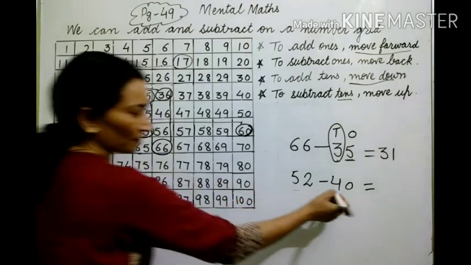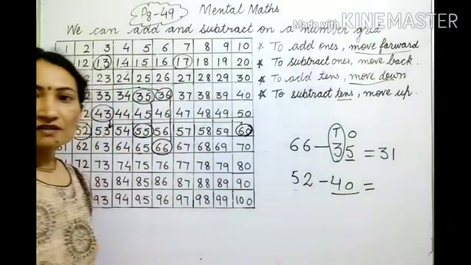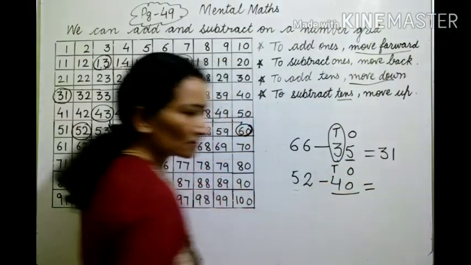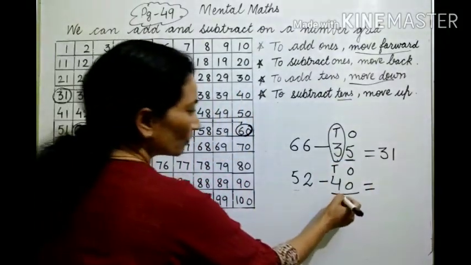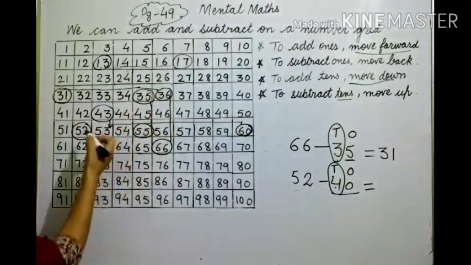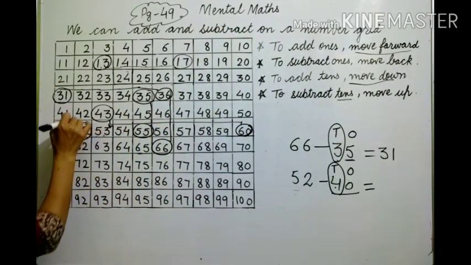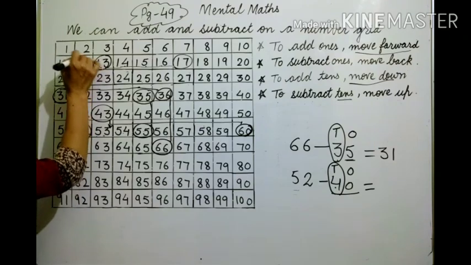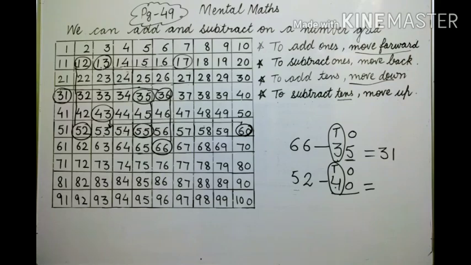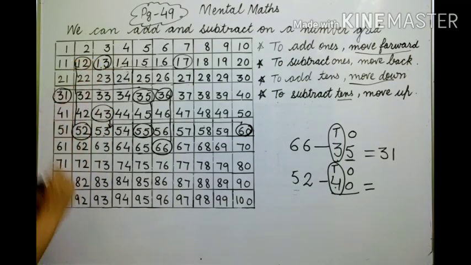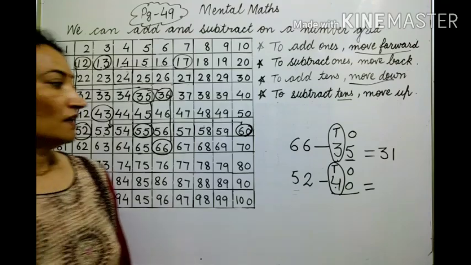As we are subtracting a 2-digit number, we will see how many tens and how many ones. Here 4 tens, so we will go 4 steps up from 52. 1, 2, 3, 4. 4 steps. If we go up from 52, then we come to number 12.